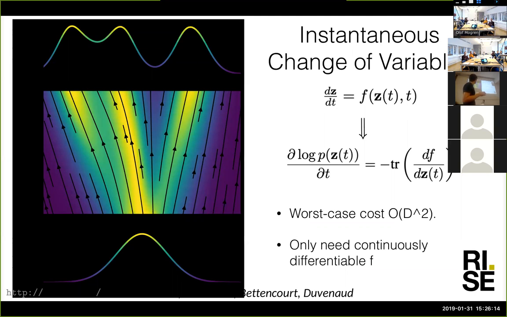And they show that they can train this with maximum likelihood to output distributions that are... this looks pretty cool.